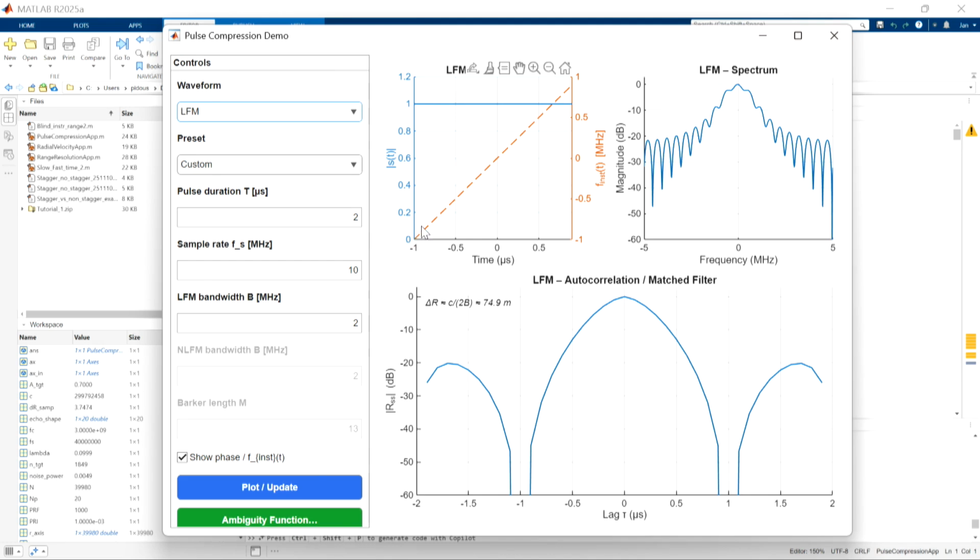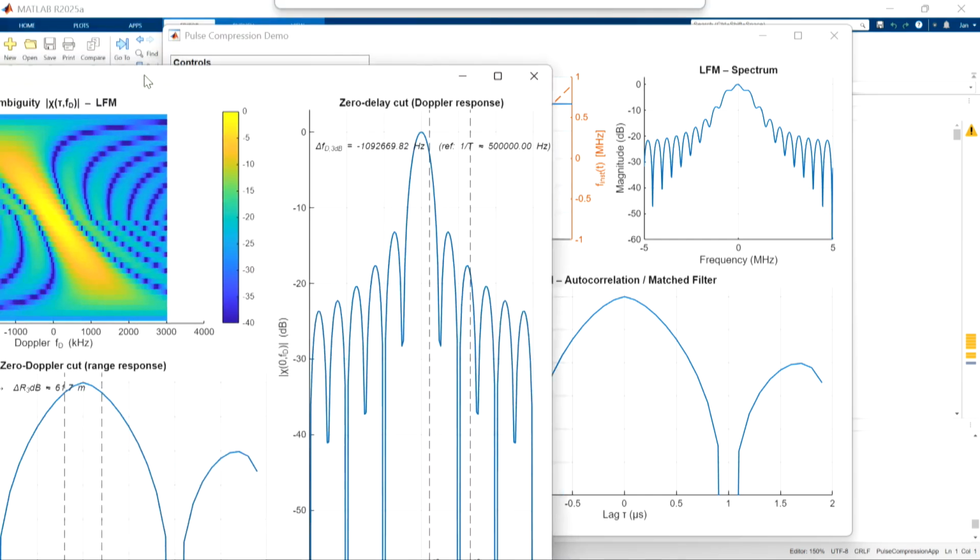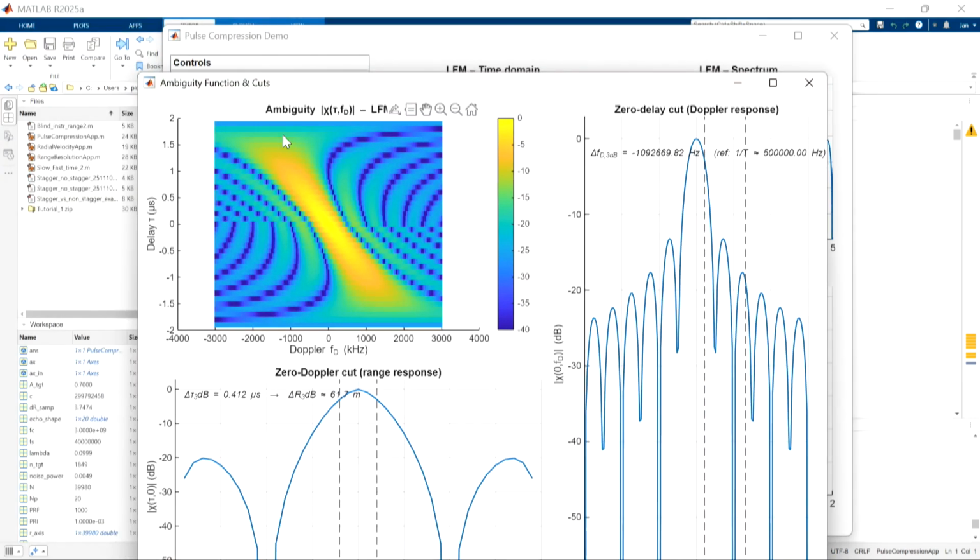The frequency is linearly growing, the instantaneous frequency, and the spectrum, autocorrelation function, and the ambiguity function is displayed in another window and looks like this, linear.